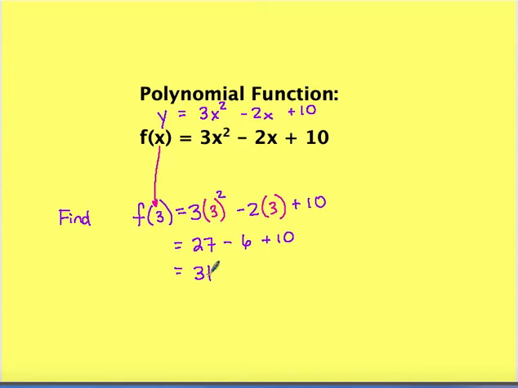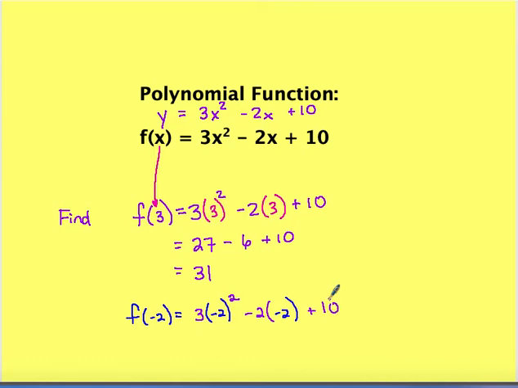And what's nice about this is I can ask you now to find what is f of negative 2. So the same idea: I'll take that original function, and everywhere I see an x, I'll replace it with negative 2.